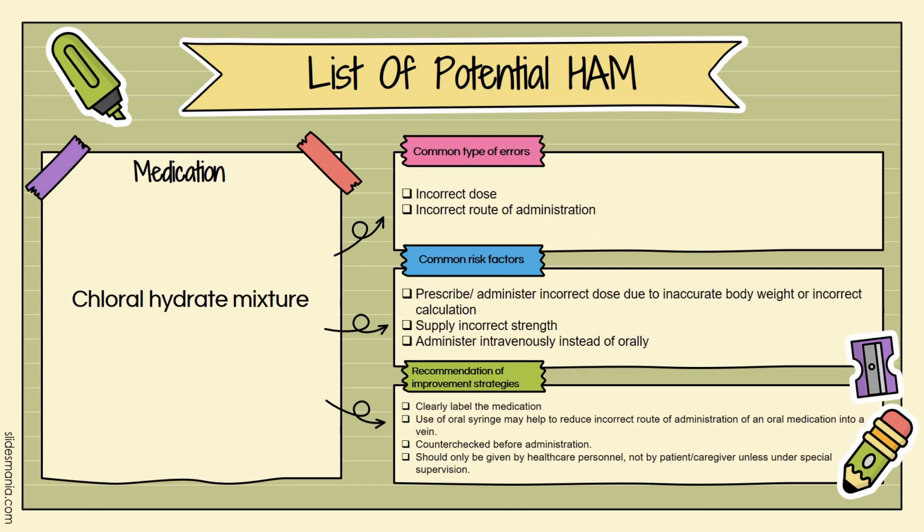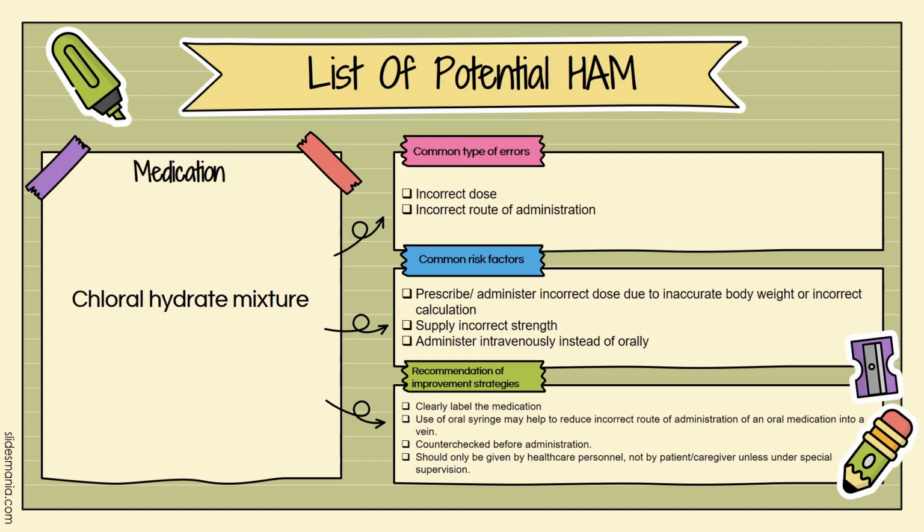Next is chloral hydrate mixture. The common type of error include the incorrect dose and incorrect route of administration. The common risk factors: prescribe or administer incorrect dose due to inaccurate body weight or incorrect calculation, supply incorrect strength, and administer IV instead of orally.